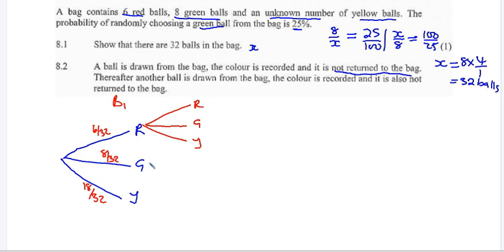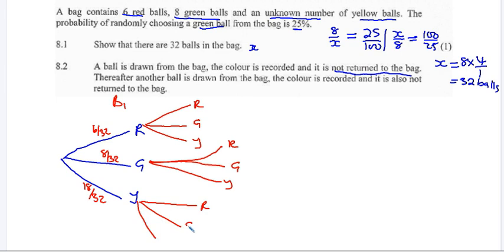And then the same is going to happen for this one, 1, 2, 3. I'm doing this so that I have space to write here. So this is red, green, and yellow. And for the last one, this is going to be red, green, and yellow. Now our probabilities.